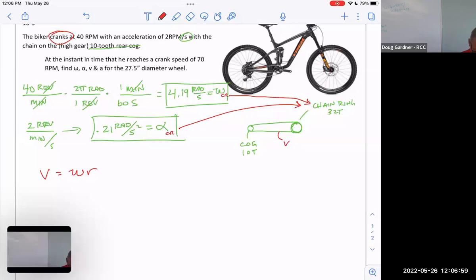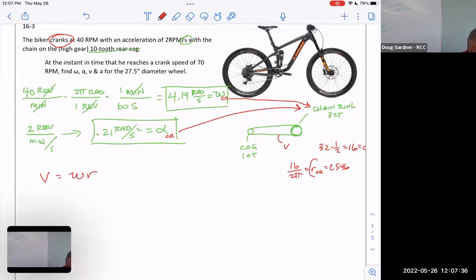And since that front was 32 teeth at half an inch, that'd be a 16-inch circumference, and 16 divided by 2 pi would then be the radius of that chain ring, which when I divide 16 by 2 pi, I get 2.546. And that's inches, of course.